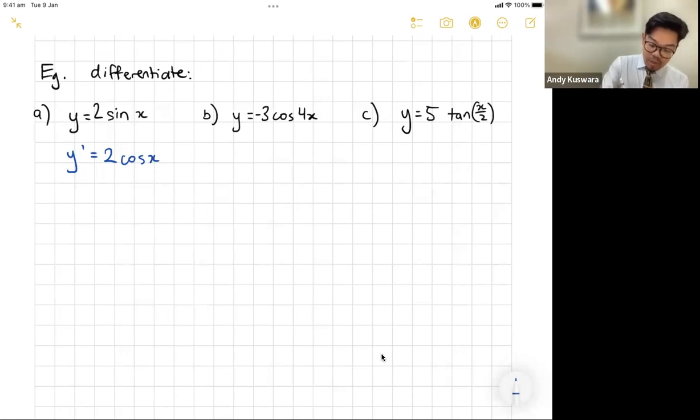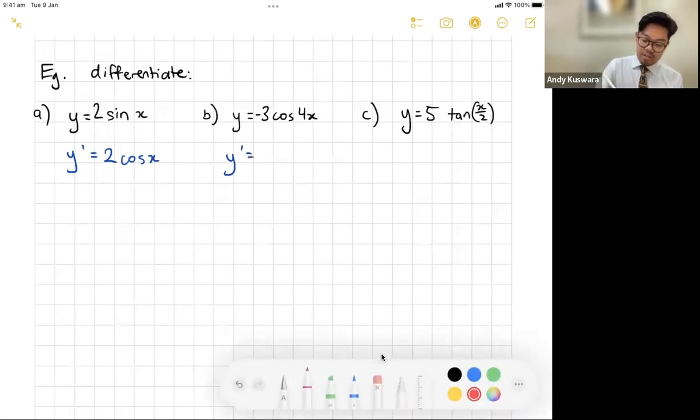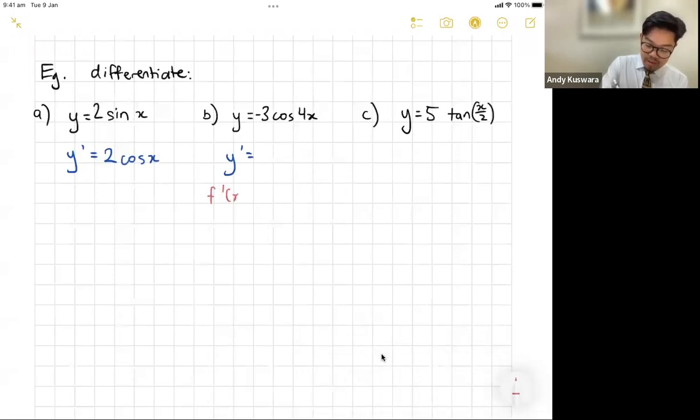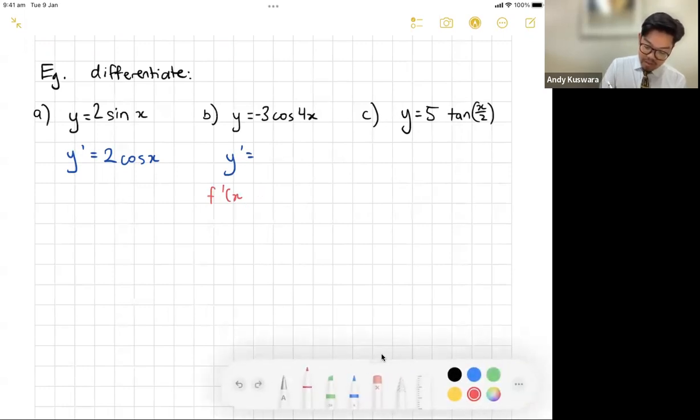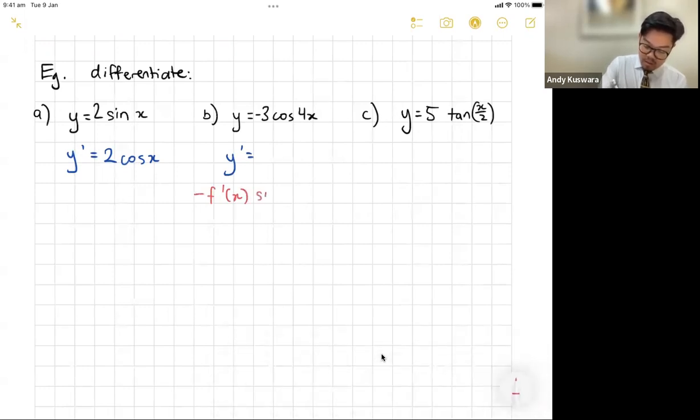Now for this one, part b, our y'. The way I think about it is, remember, it should be negative f'(x) sine 4x, or sine of our function. That's what it should be. Our function f(x) in this case is whatever's in the bracket, so our 4x. That means our f'(x) just becomes 4.